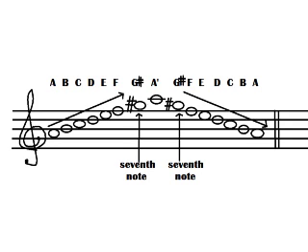I'll play it again. Natural minor will sound like this. Harmonic scale will sound like this. You see, there's a difference. So you raise the seventh degree, both ascending and descending.